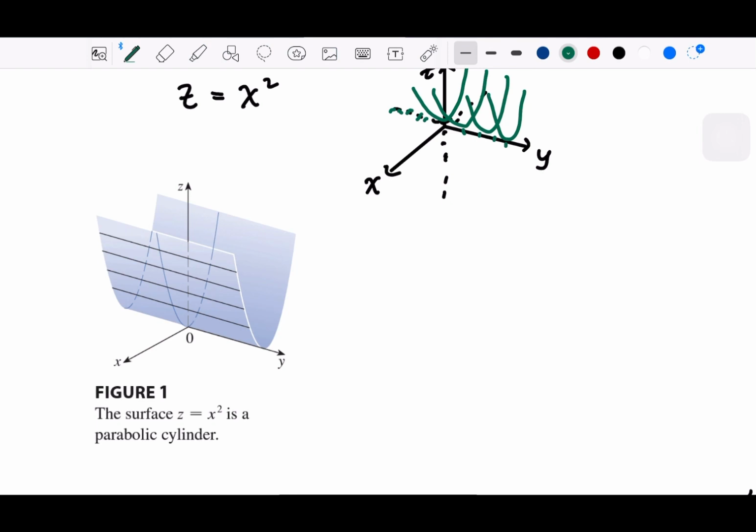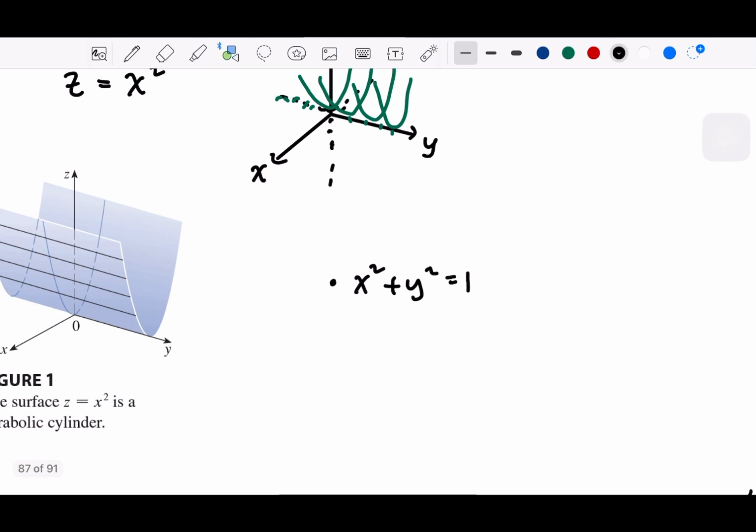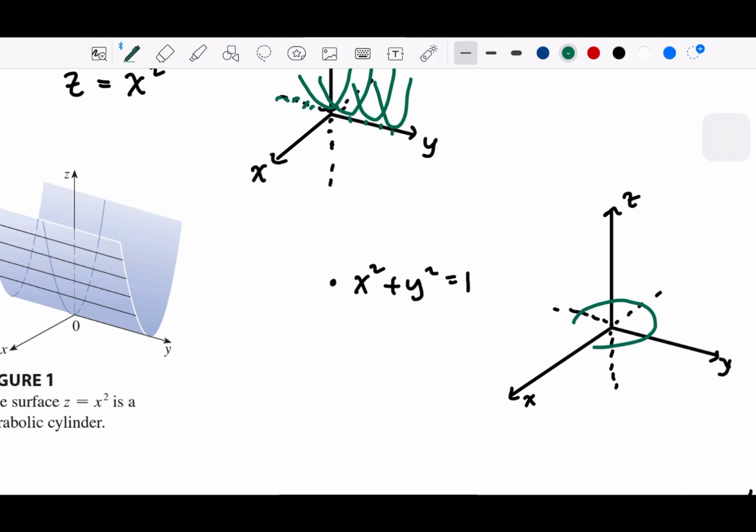The same way, if we take, for example, x squared plus y squared equals 1, we know that in 2 dimensions this will be a circle. But if we include z, let's say this is x, y, and z. We know that in 2 dimensions it will be a circle, so let me draw a circle here.